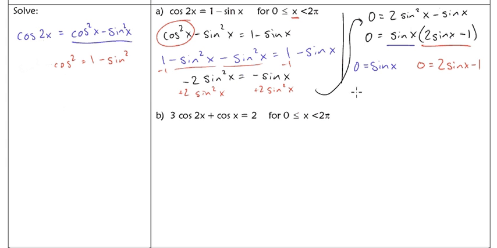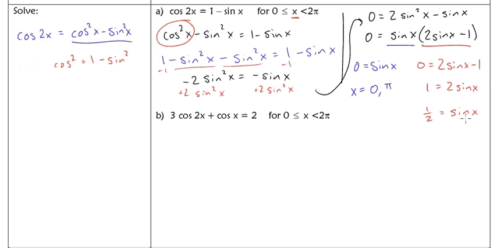That's going to be at both 0 and pi, so x equals 0 and pi. Over here, we're going to add 1 to both sides, and we'll have 1 equals 2 sine of x. Divide each side by 2, so that's 1/2 equals sine of x.